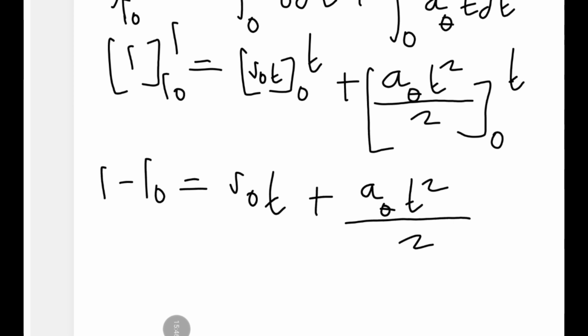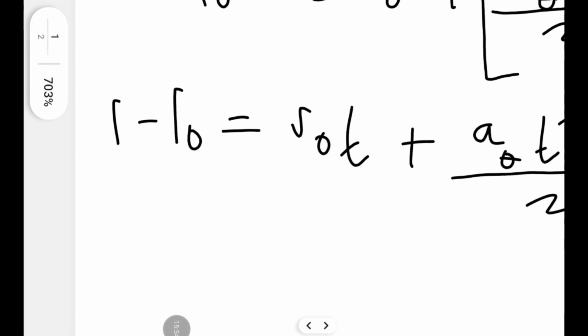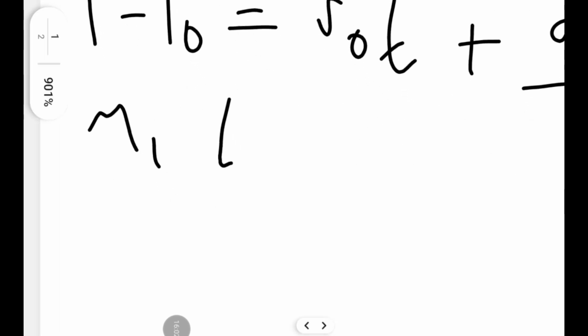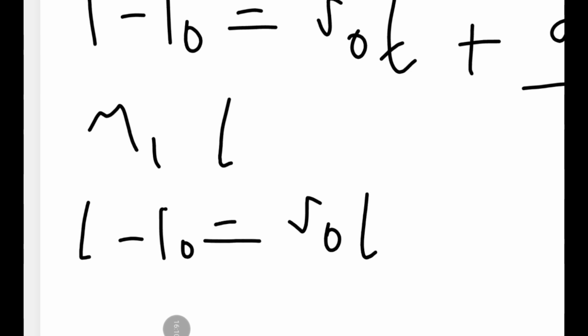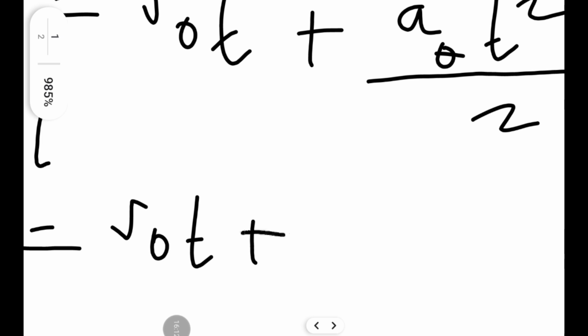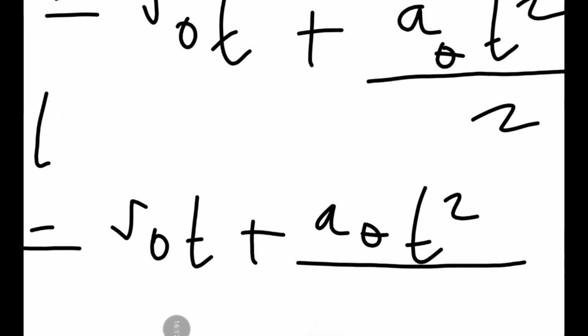If you want to know, for example, how long it takes for the system to crash into the pulley, and the distance to the pulley for mass 1 is length L, then all we have to do is put that into the formula: L minus r0 is equal to v0t plus a theta t squared over 2.